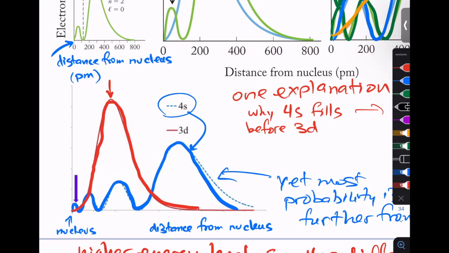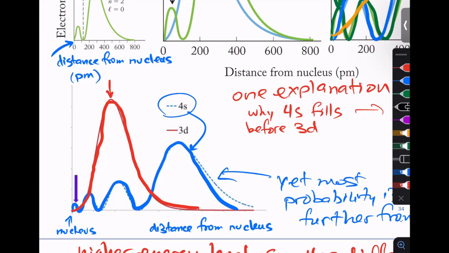And when you have a negative charge get closer to the positive charges, they're more stabilized, so it doesn't take as much energy to keep things stable. That's always what we're talking about with the ground state. We're describing the ground state of electron configuration here. It's where we place those electrons in the energy levels in a way that requires the least amount of energy to keep things stable.